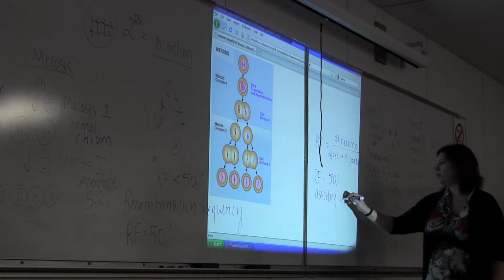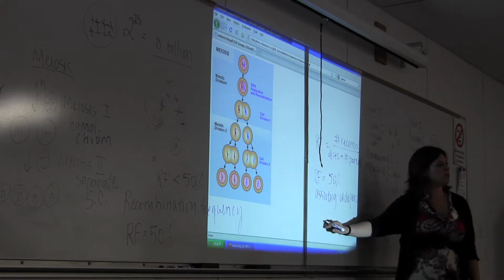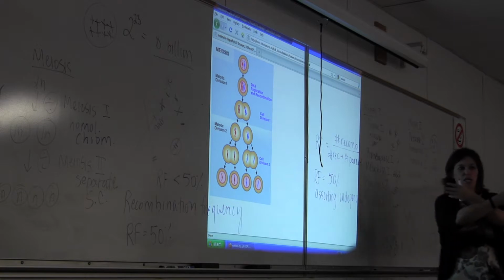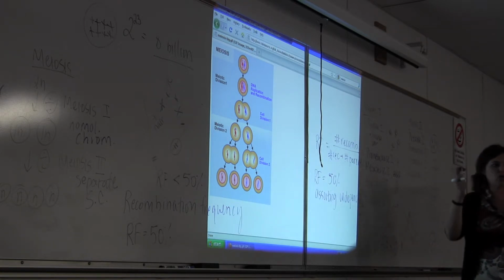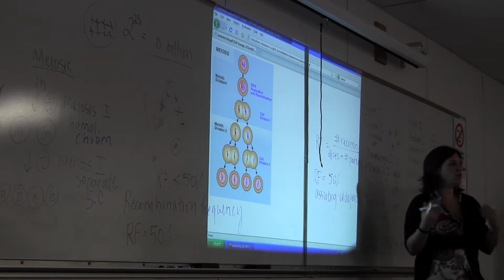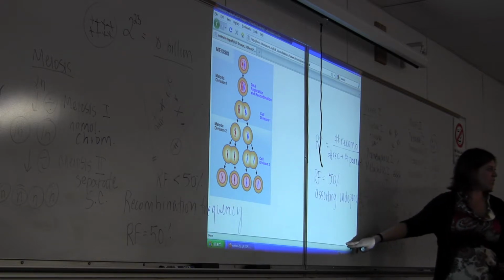So another way to say this is that they're following the law of independent assortment. And so if genes on a chromosome line up differently, and the genes are so close or so far apart that you know that you're going to be crossing over in between them, we say that they have been assorting independently.